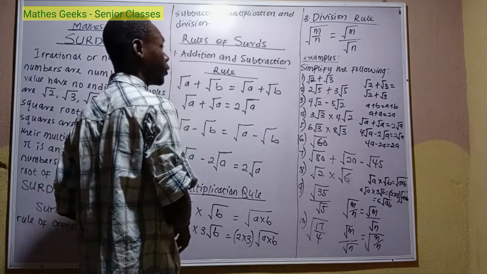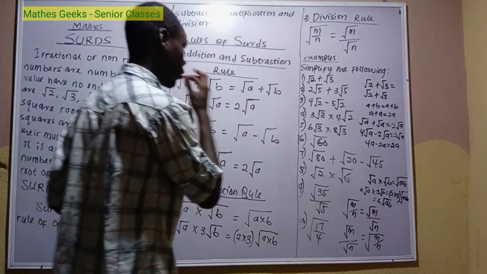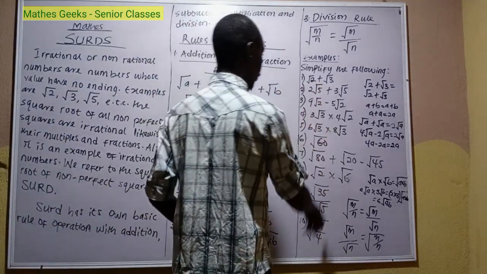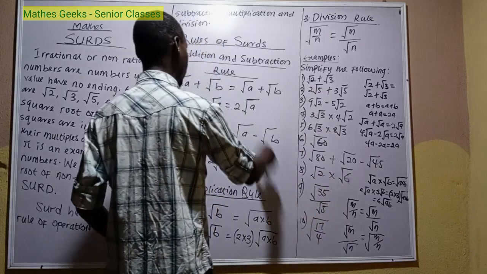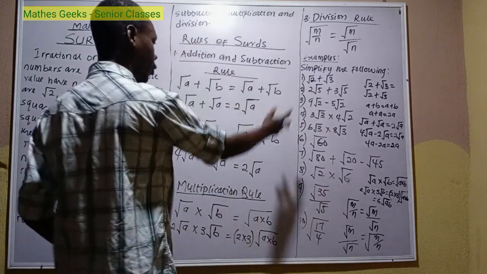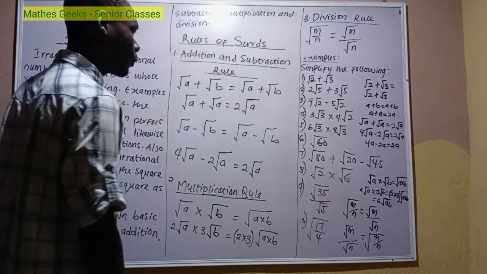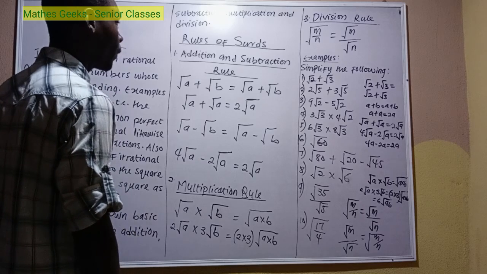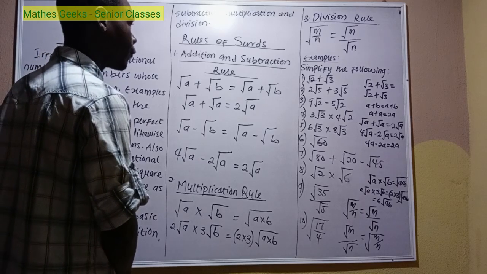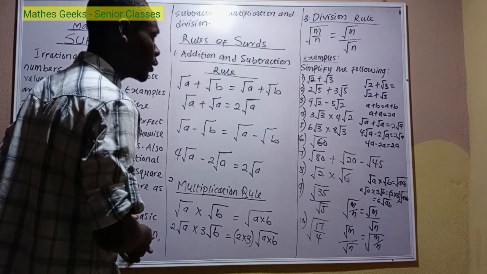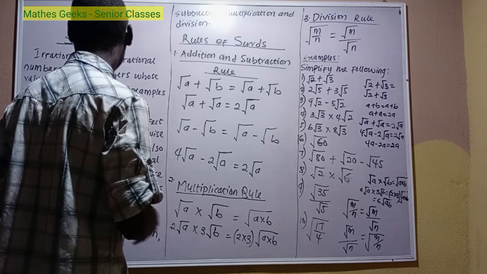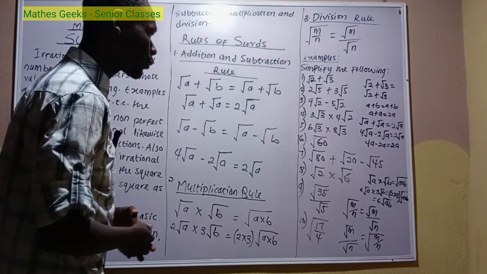So that's the division rule. Now we're going to take some examples, and we're going to apply these rules to them, and that will really show how we go about calculating or solving problems on surds.